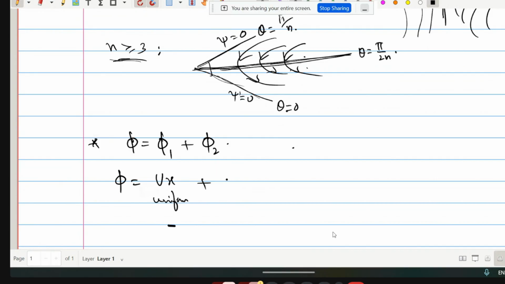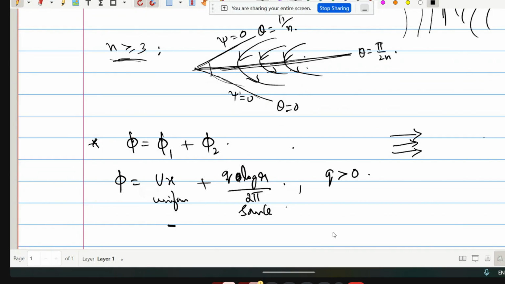So this is the source. What do you have for a source? Q log r divided by 2 pi is your source. Source means Q is positive. So basically what you have is your uniform flow, and you have a source.